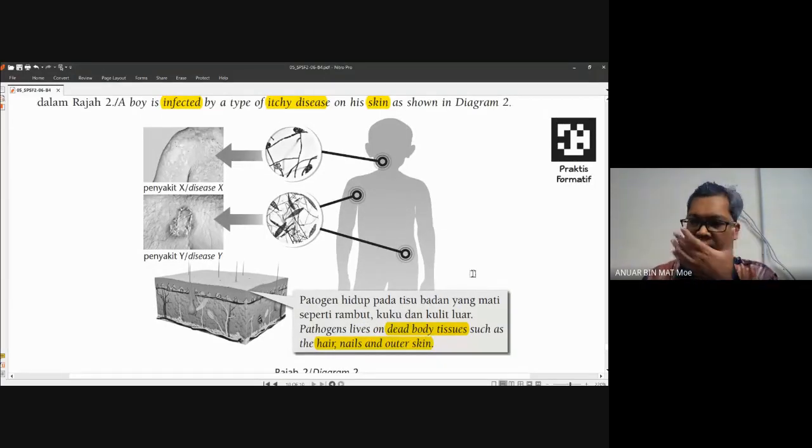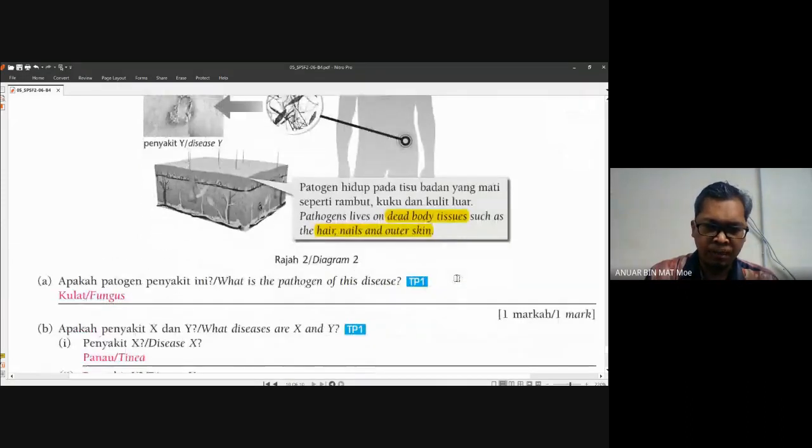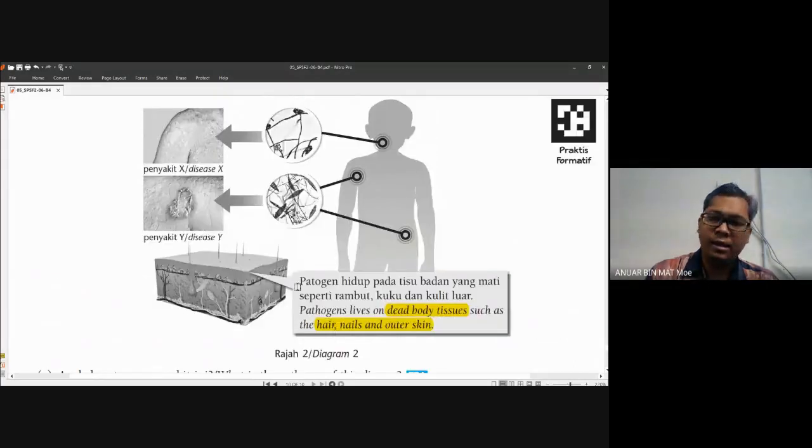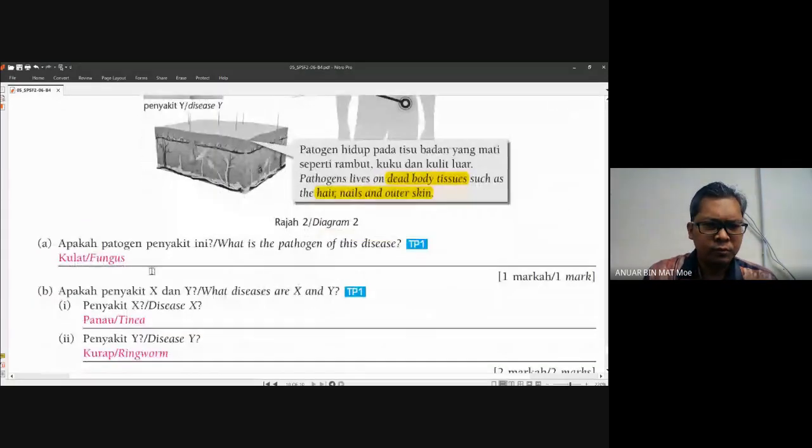Then, once you understand, you analyze the picture and all the information, the statement given to you, then you go to the question. So what is question 2A? What is the pathogen of the disease? Okay, the pathogen is the fungus.